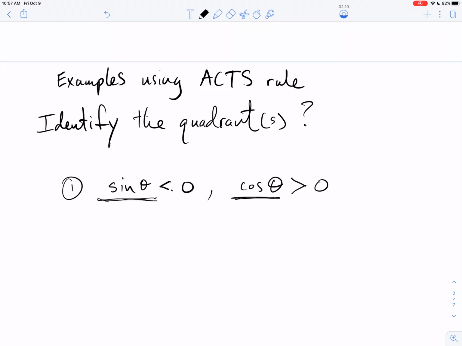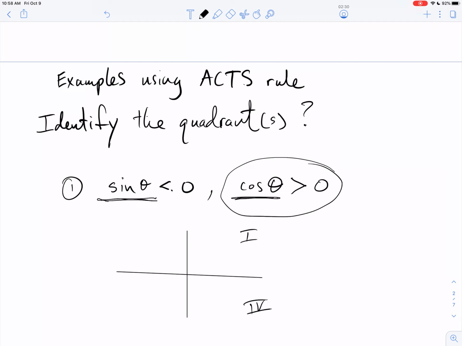So what does that mean? Well, it means we're going to apply the AX rule to this, and I'm just going to quickly sketch out a rough coordinate system, and I say, okay, from what they told me, the cosine is positive. So where's cosine positive? It's positive in quadrant 1, and it's positive in quadrant 4. Why?